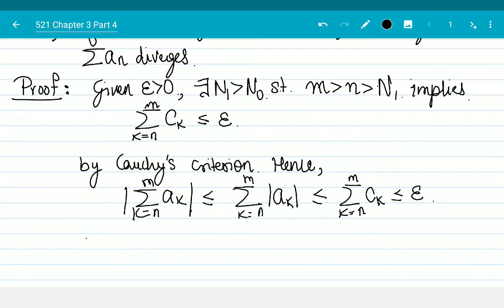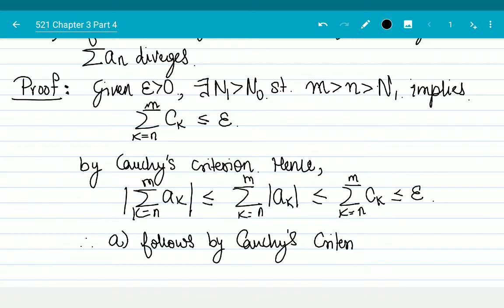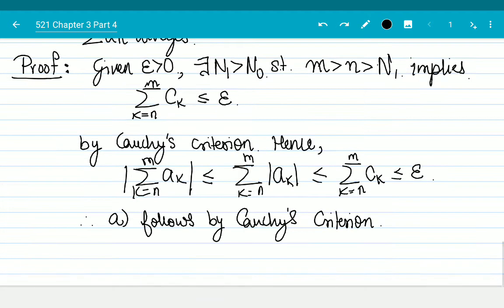Therefore, A follows by Cauchy's criterion. Right? Cauchy's criterion was an if and only if statement.